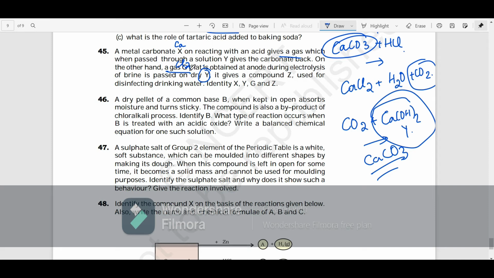So when chlorine gas is passed on dry calcium hydroxide, you'll get the disinfectant, which is your bleaching powder. So X was calcium carbonate, Y was calcium hydroxide, G was chlorine gas, and Z is bleaching powder.